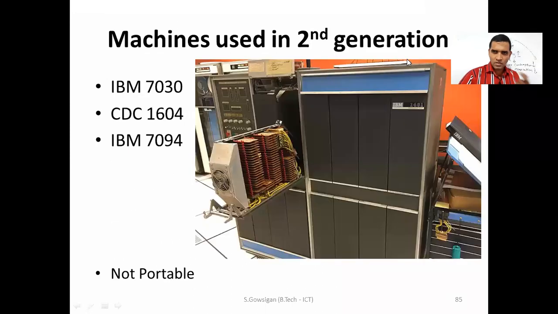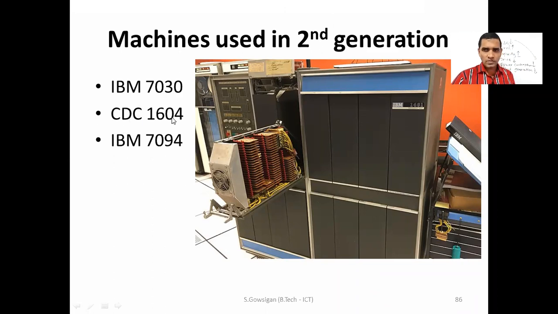Okay, before that, I must show some of the computers used in the second generation. IBM 7030, CDC 1604, IBM 7094, these were some. But I don't think these names are as important as first generation. First generation computers were very important because that was the initial stage, so it is reasonable if they ask about first generation computers in the exam.